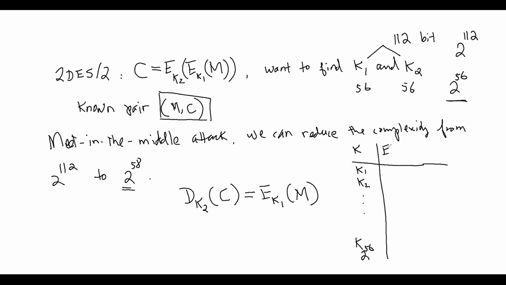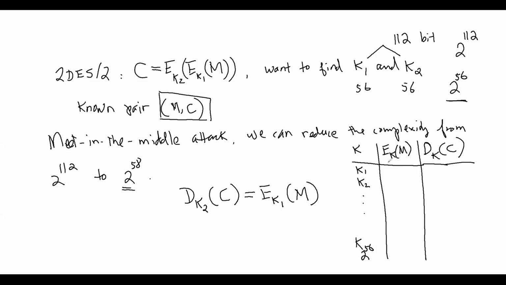So this is E, K on M. This is D, K on C. Now, you know M, you know C, so I can run this.